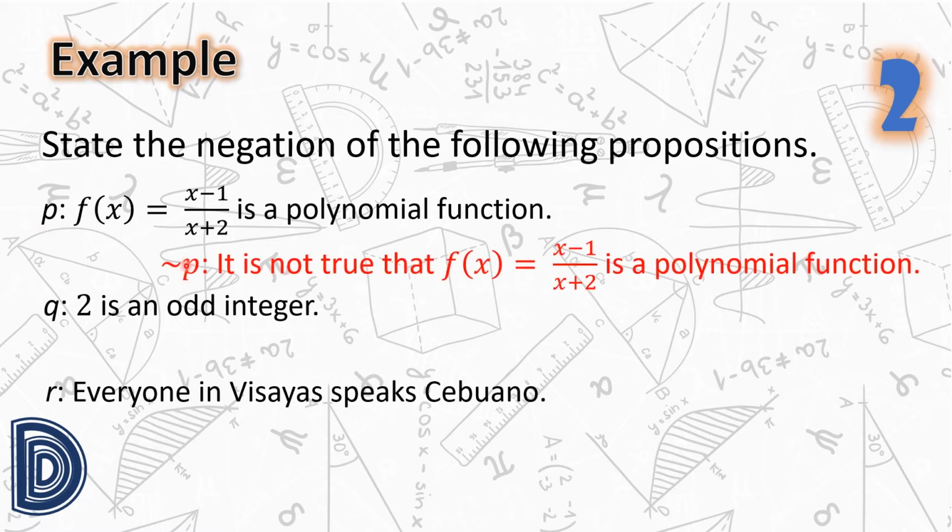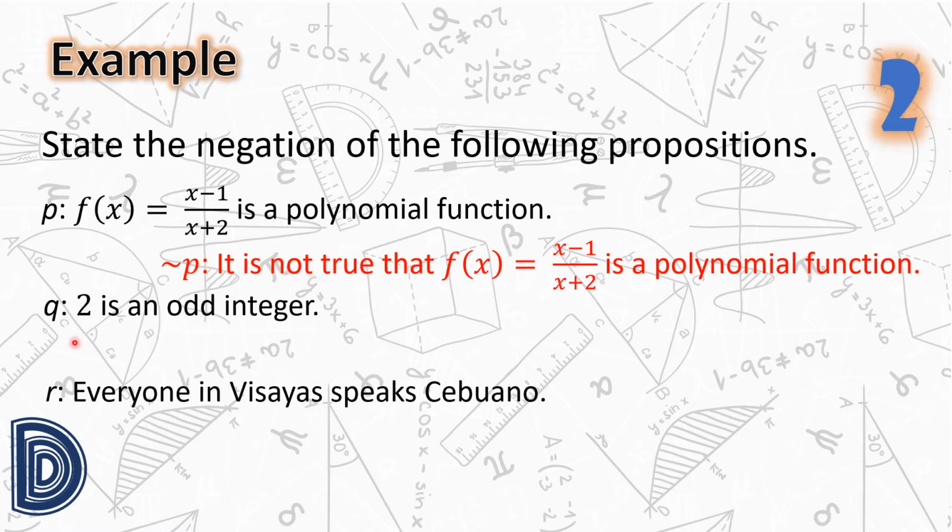Not P, therefore, it is not true that f of x is equal to x minus 1 over x plus 2 is a polynomial function. Or you just say f of x equals x minus 1 over x plus 2 is not a polynomial function.